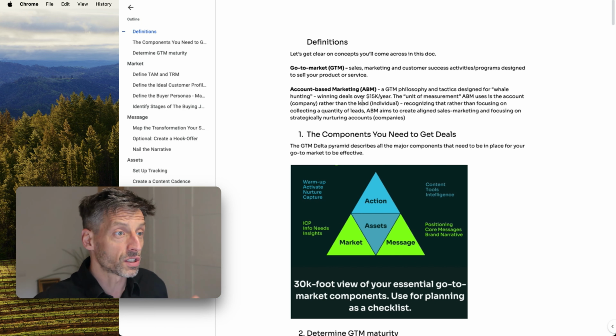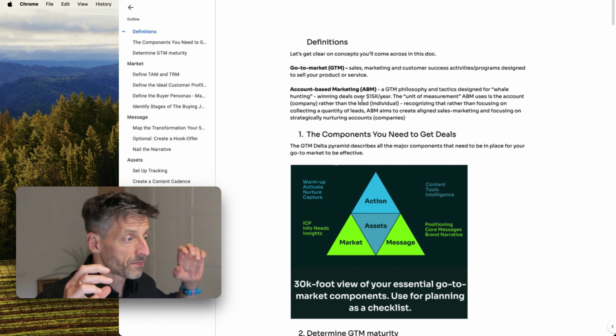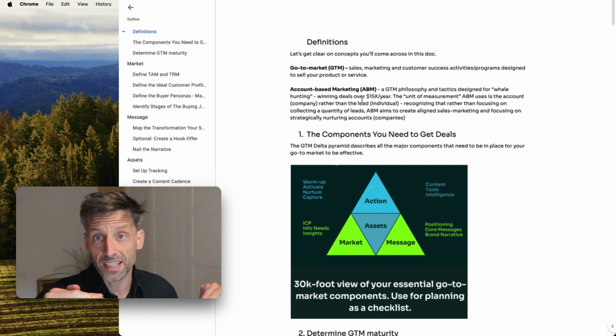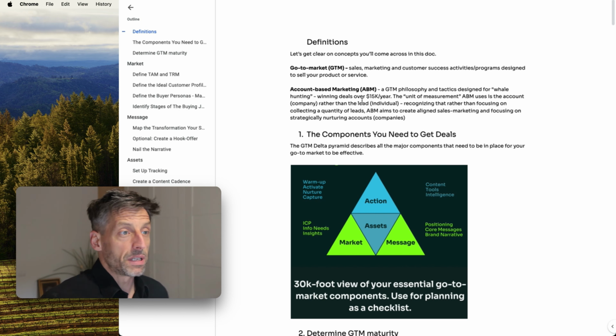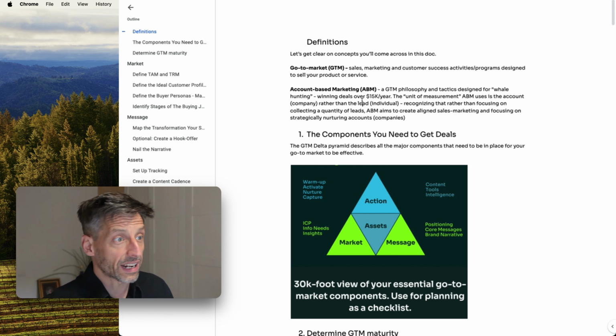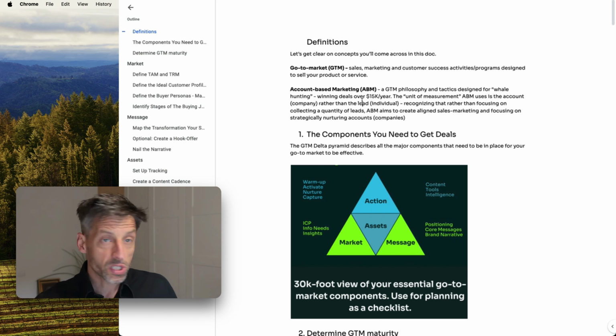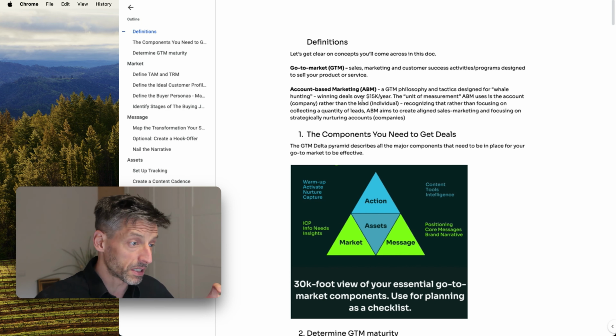Because the whole thing that we're doing relates to high-ticket offers. So B2B deals that cost at least $15,000 per year. And when you're at this price level, at this deal size, it almost always makes a lot of sense to customize your offering, your messaging, and your entire approach to a subset of companies.